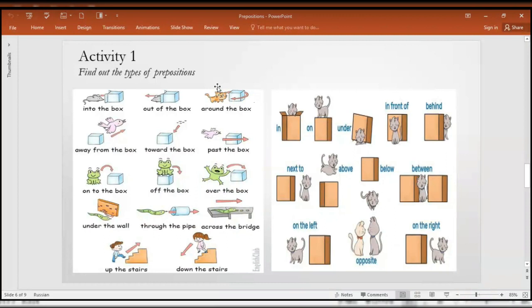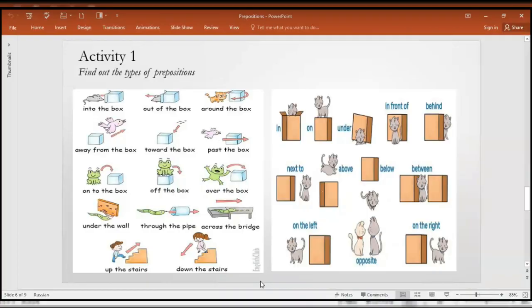Yes, this is a preposition of direction. You found it right. And what about the next one? What kind of preposition is this? Oh yes, you found it right.